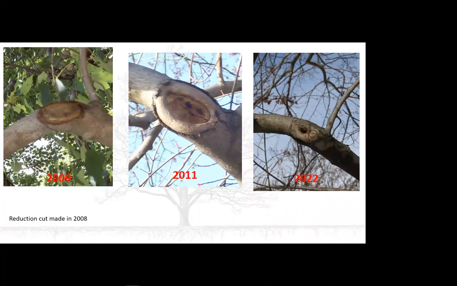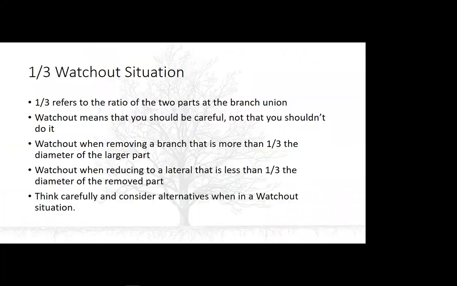In the manual, they talk about the 1/3 ratio, and this applies both to reduction cuts and removal cuts. And they present it as sort of a rule that you should never violate. So the 1/3 ratio is the ratio of the two parts of the branch union.